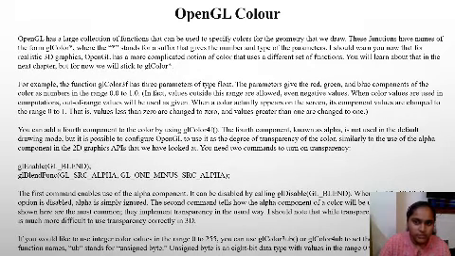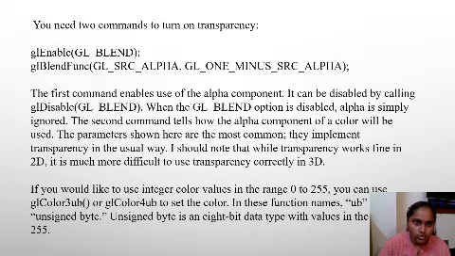Similarly to the use of the alpha component in the 2D graphics API that we have looked at, you need two commands to turn on transparency: glEnable(GL_BLEND) and glBlendFunc(GL_SRC_ALPHA, GL_ONE_MINUS_SRC_ALPHA).